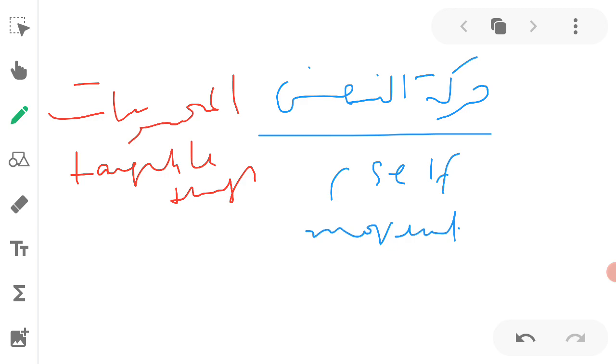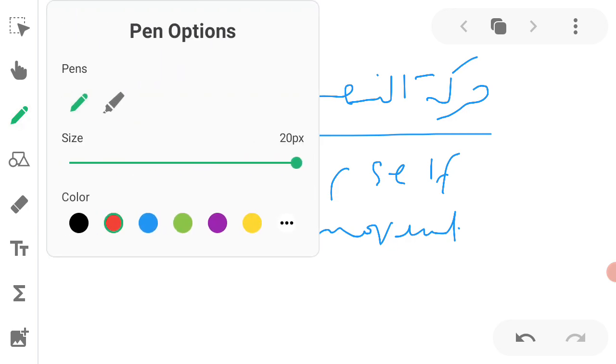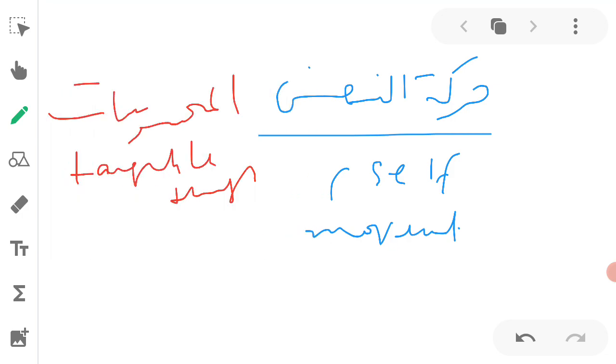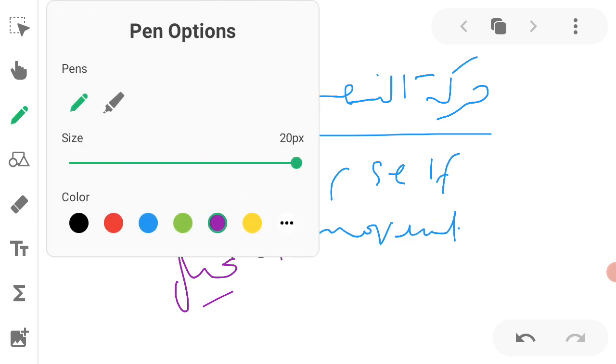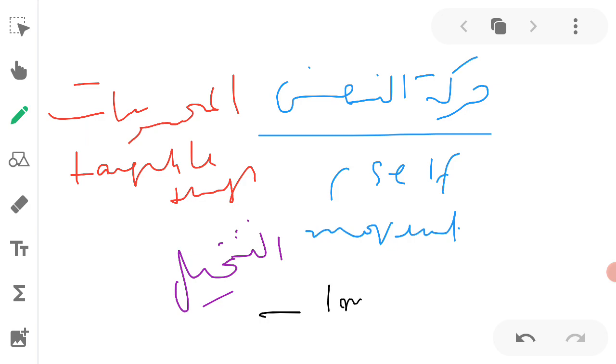So the movement of self or mind whose object is intellectual things or universals is called thought. On the other hand, the movement of yourself whose object is tangible things is what we call at-takhayyul. In English, we might translate it as imagination.